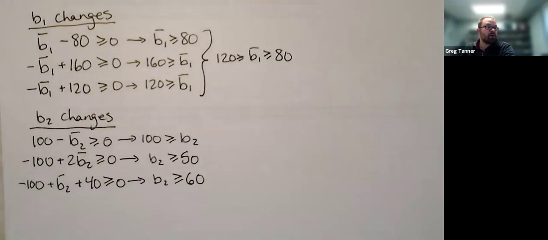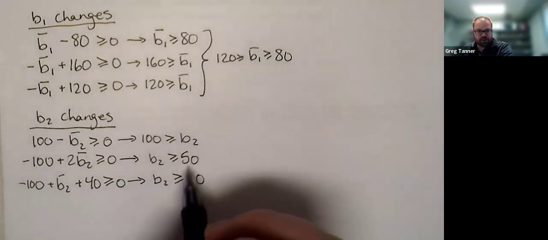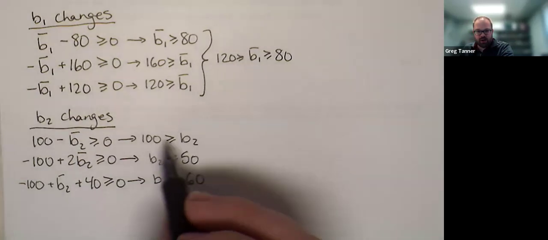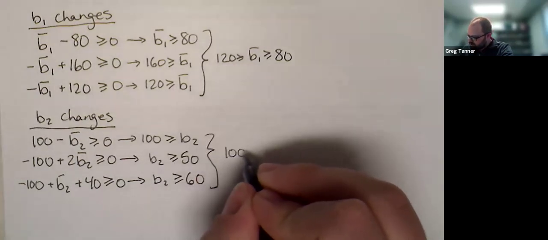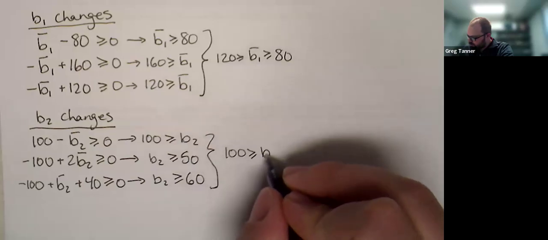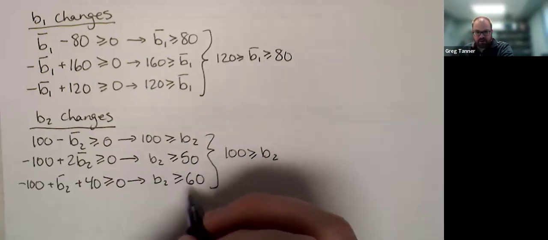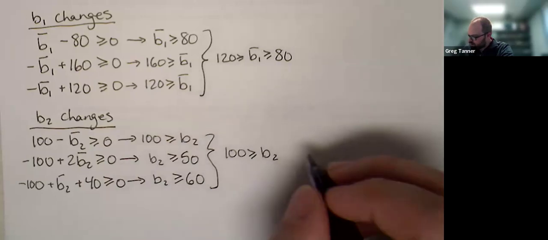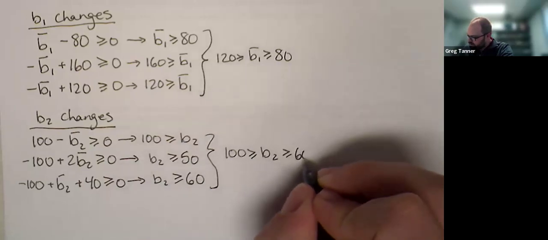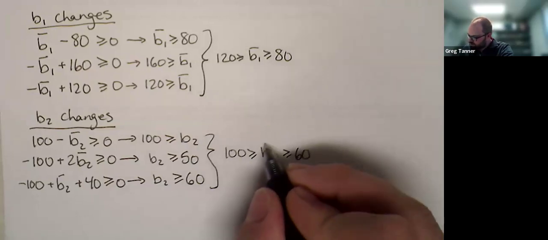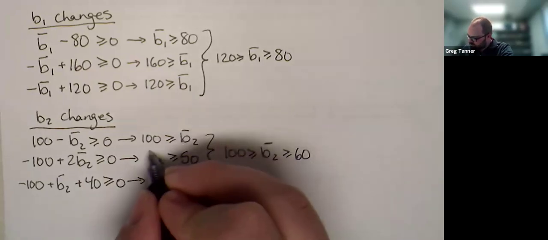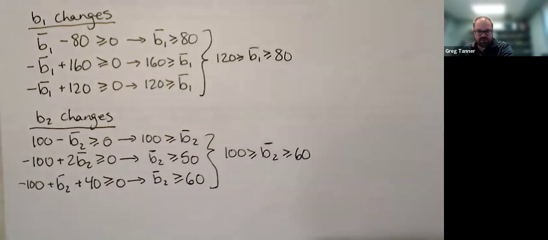Okay, where are all these changes true? Well, I've sort of got 2 lower bounds and 1 upper bound. And so 100 is going to be my upper bound for B2, and then I'll have to take the larger of the 2 lower bounds, and so I'll say 60. So between 60 and 100 for B2, maybe I keep forgetting my bars because these are the ones that are changing.